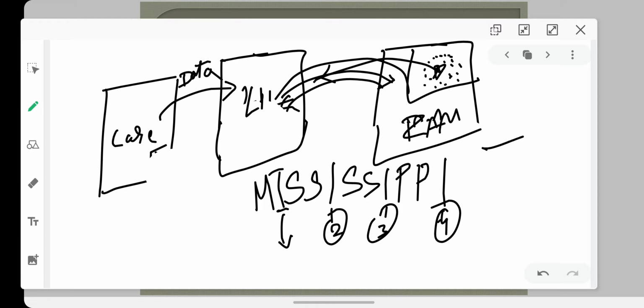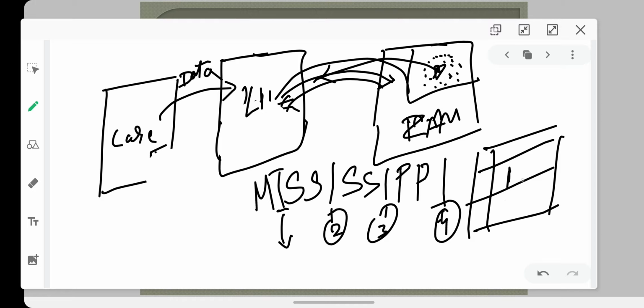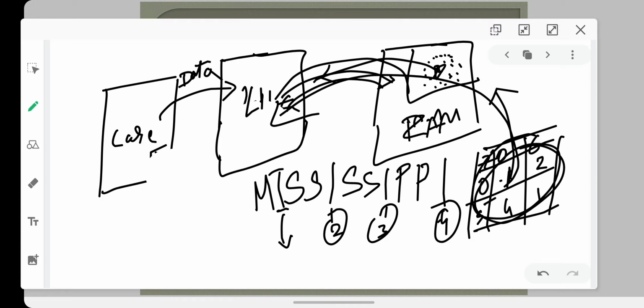For example, in the RAM you have this one data, 1. Now we are not only bringing this 1 alone, but along with that we are bringing some blocks of data, like this 0, whatever data is nearer to this particular 1. All these data are also brought along with this 1 to the L1 cache, saying that all these data are also going to be referenced in the near future.